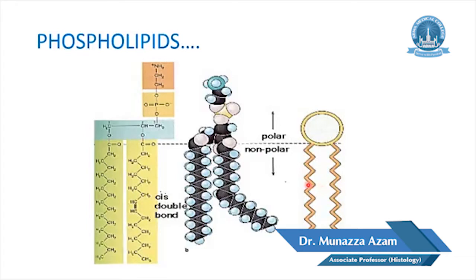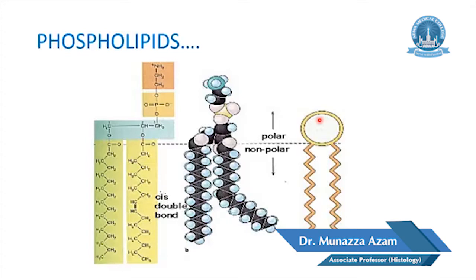So membranous phospholipids are amphipathic, consisting of two non-polar hydrophobic long chains, the fatty acids, which are linked to a charged polar, hydrophilic, water-loving head. This also bears a phosphate group.